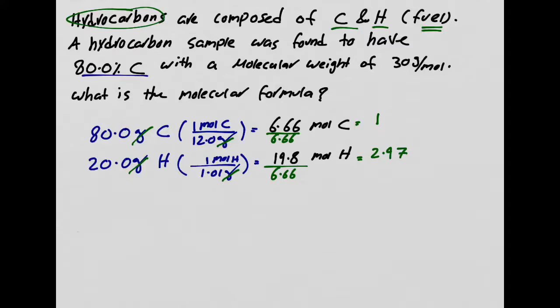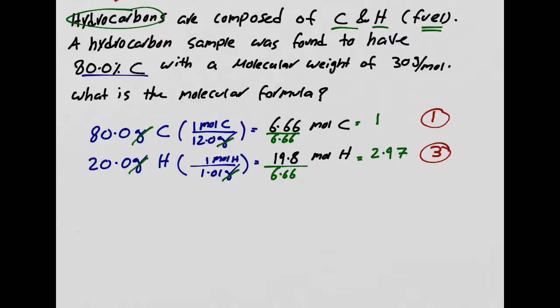Now I have to think about, do I have a whole number ratio? I do have a whole number ratio. So this one is 1 and 2.97. Yes, if you have 0.9, you could round it. I could round that to 3. So yeah, this problem I went easy on you. Percentage to gram, gram to moles, divided by the smallest number of moles, and you get a ratio.